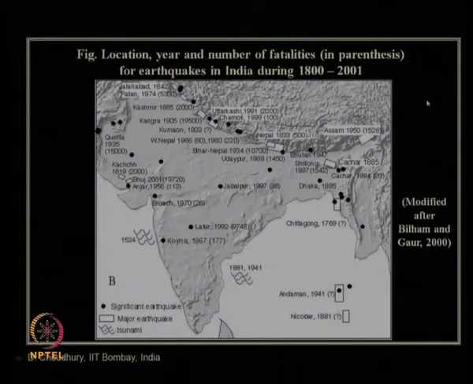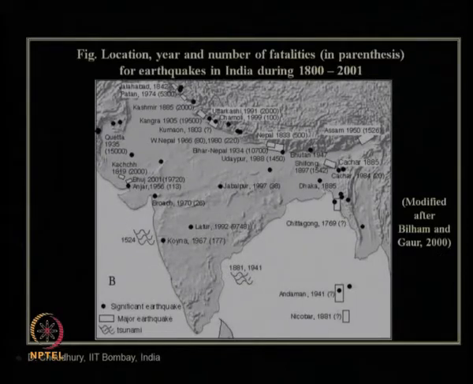In this figure, you can see the location, year and number of fatalities for various earthquakes which occurred in India during the period 1800 to 2001. This figure was presented by Bilham and Gore in 2000.